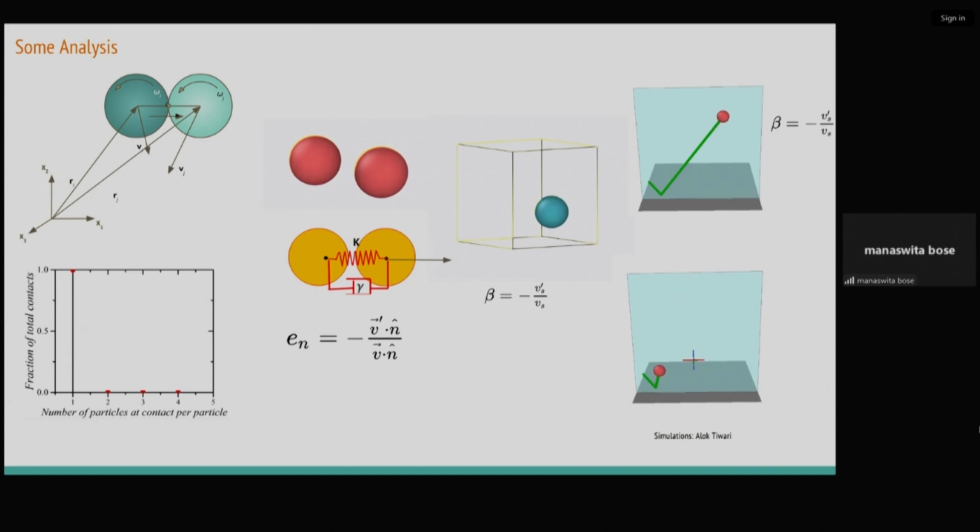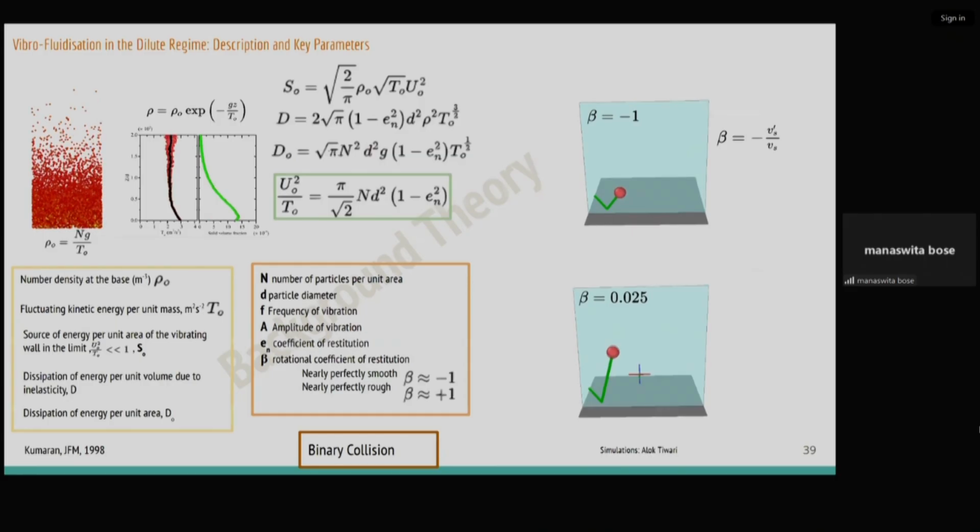Now finally, what is it that I'm trying to show you? I'll skip some of the slides here. You can see how the particle is contacting with the wall, how the particles are contacting among each other. This all we have picked up from the simulations. I'll skip this, of course, as it is very specific to the problem that we have worked on.